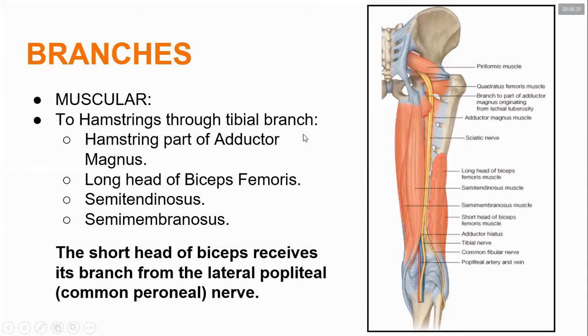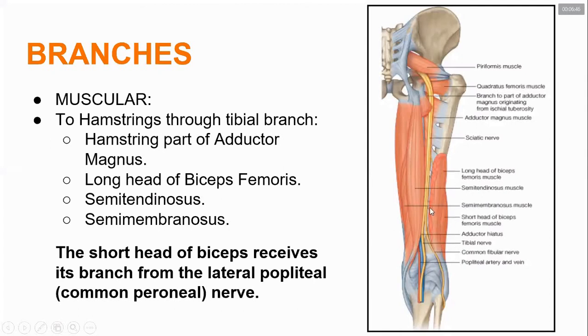The tibial branch will supply the hamstring part of adductor magnus, long head of biceps femoris, semitendinosus, and semimembranosus. These branches arise in the posterior aspect of the thigh, and only the short head of biceps femoris comes from the common peroneal nerve. You can see this short head of biceps femoris alone is coming from the common peroneal nerve.